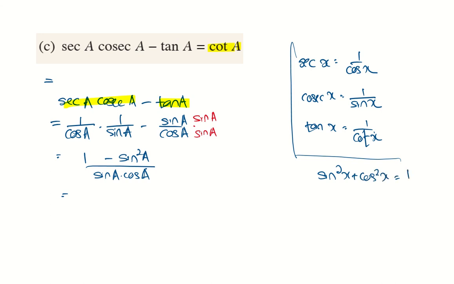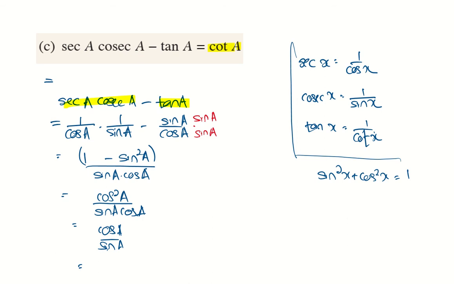From here you can see that 1 minus sine square A is actually cos square A over sine A cos A, which will be cos A over sine A. Cos over sine.